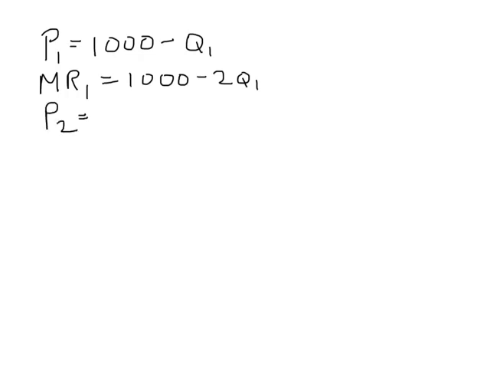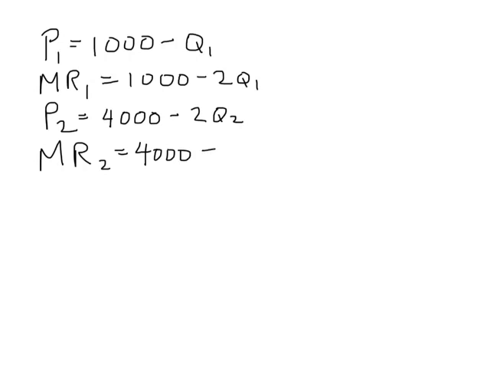We do the same for the Syrian market, and we get P2 equals 4,000 minus 2Q2, and then the marginal revenue function in that market is equal to 4,000 minus 4Q2. All right, and now what do we do?